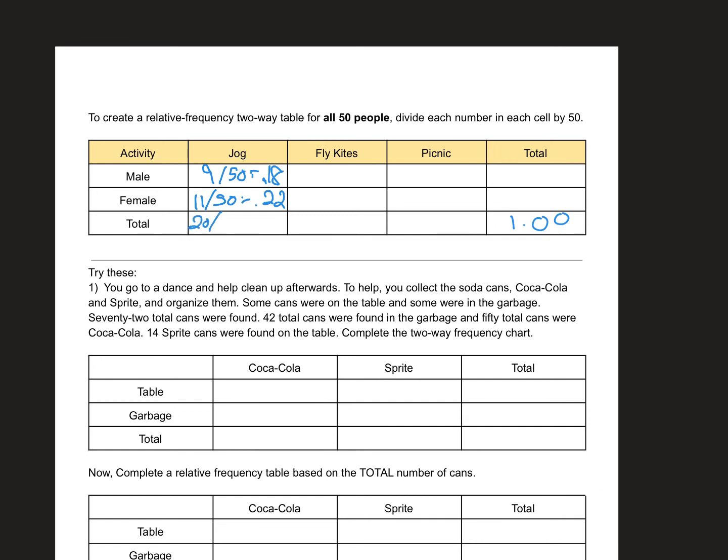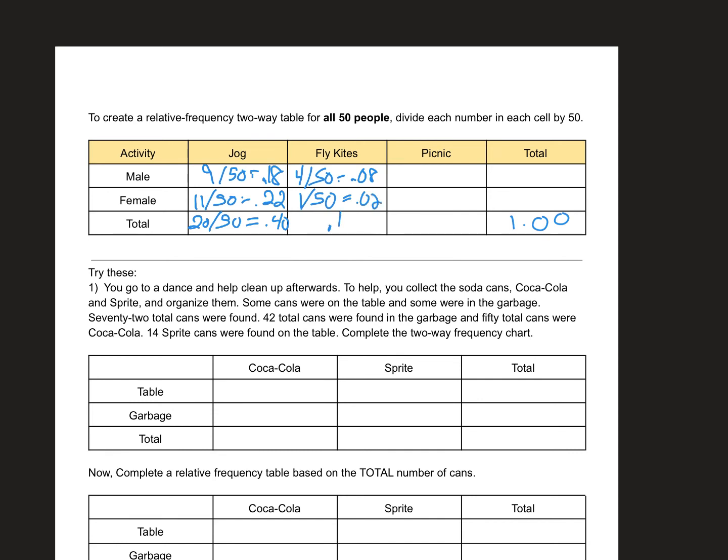20 divided by 50, which will give me 0.40. Again, I'm just going to be doing this. 4 divided by 50. Everything's just division. 1 divided by 50. So here I get 0.08. Here I get 0.02.